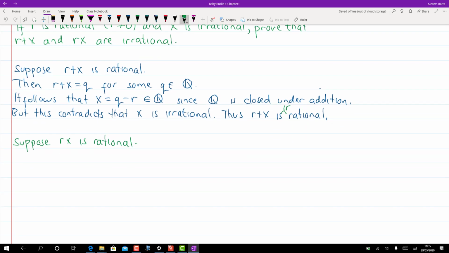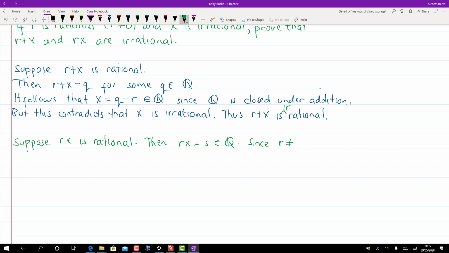Then what can be wrong when rx is rational? Then rx is equal to s in Q.